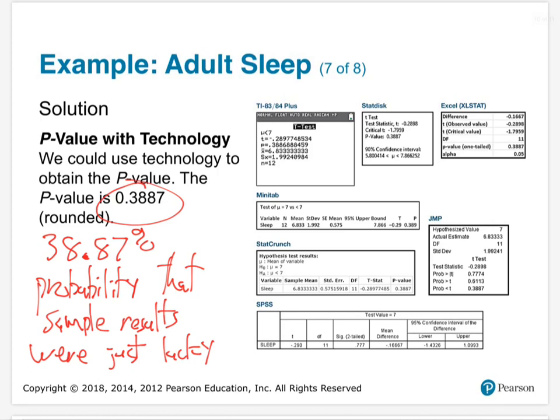So, what does that mean about our conclusion? Is that a high probability or low? It's a high probability that it's luck. It's over 5%. Is it compared to significance level?